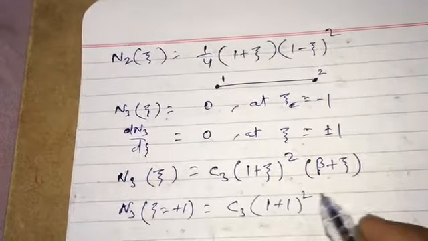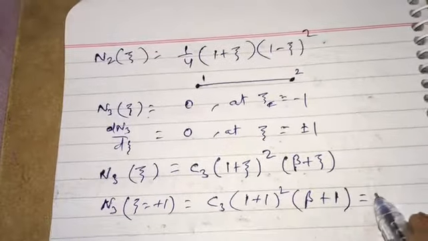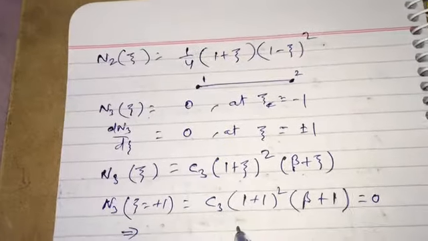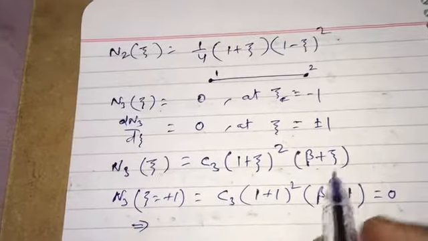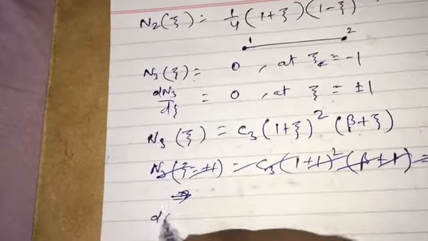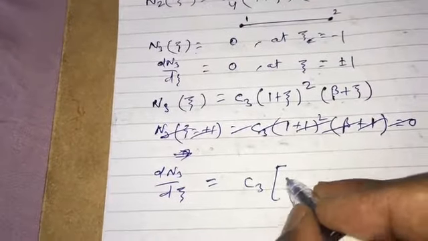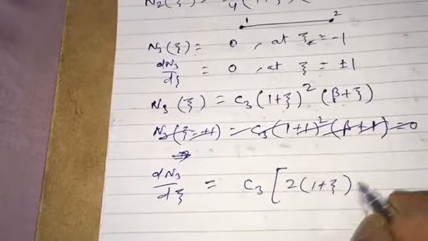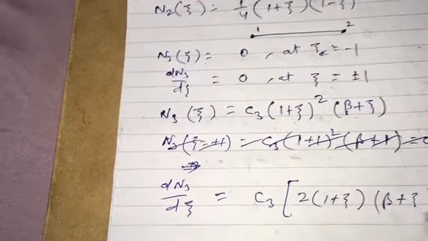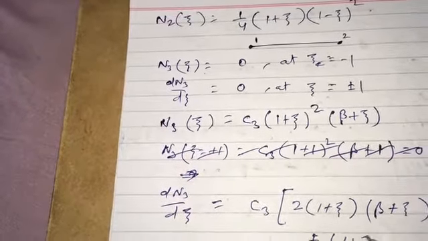We have to take the slope first. Okay, so dN3 d xi is equal to C3 times 2 times 1 plus xi times beta plus xi plus 1 plus xi square.